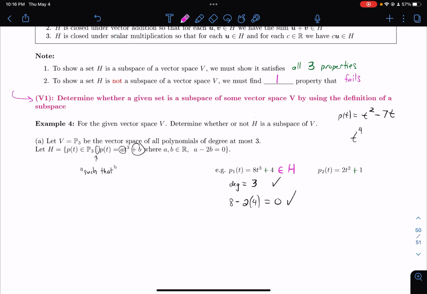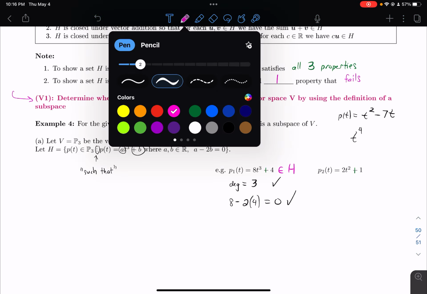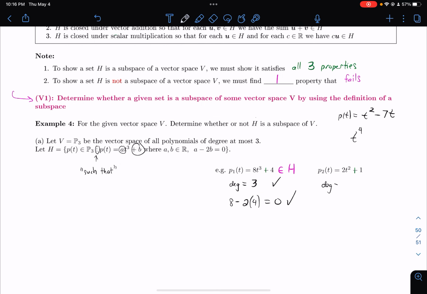What about this second polynomial here? Okay. So first off, is the polynomial in P3? Well, its degree is 2. And that's still good, because that's still less than or equal to 3. Check mark. Degree is totally fine. Does it have the right form? Does it look like this? Well, not quite. The form it needs to have is something t cubed and then plus a constant term. This has a t squared term, but that's not allowed.